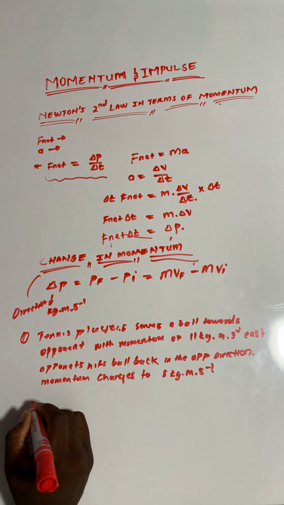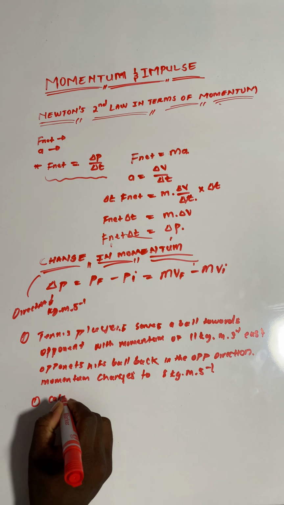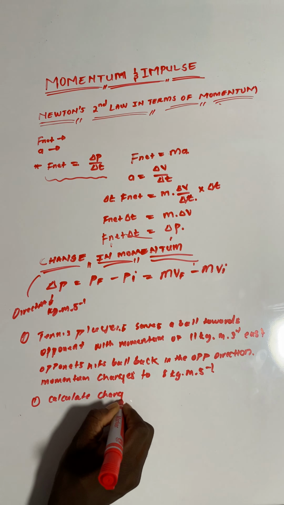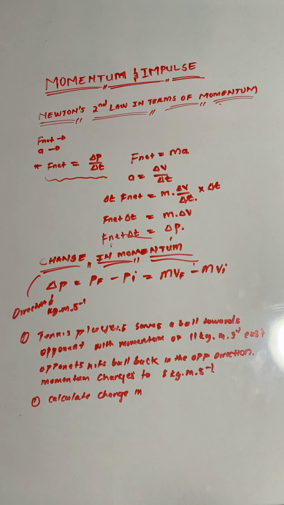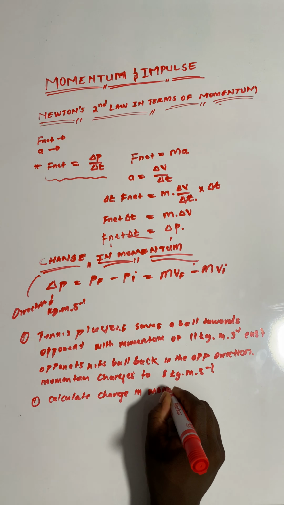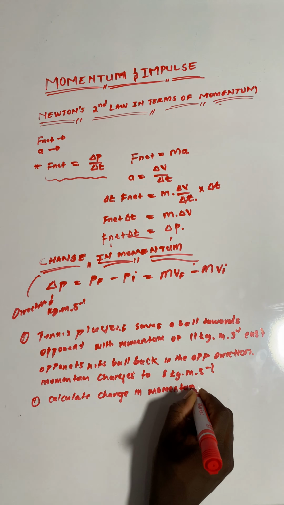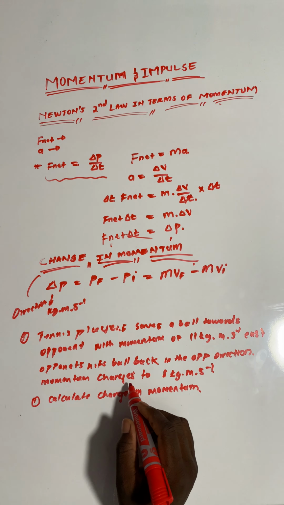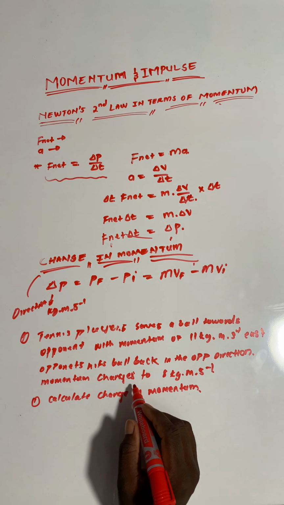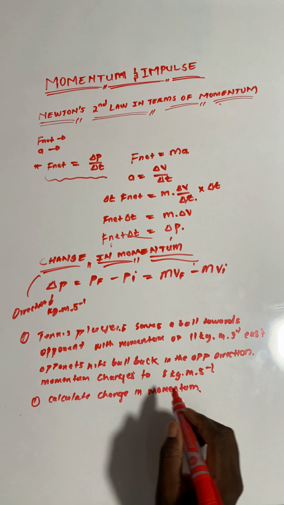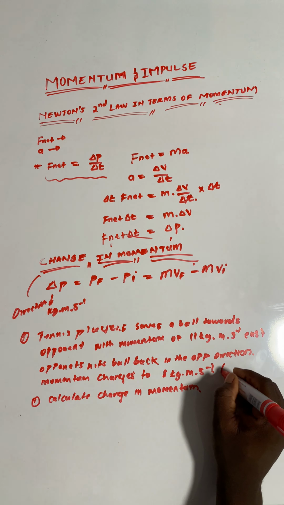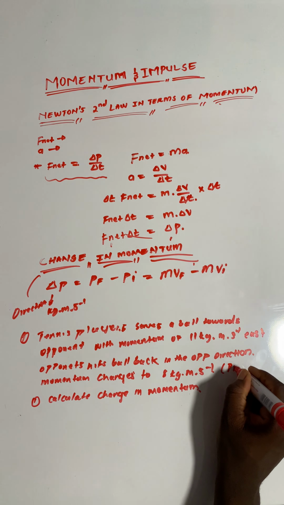So what are they looking for? Calculate change in momentum, right? So there are keywords you should be looking out for. If they're saying that something changes to, it will mean that something relates to the final momentum.